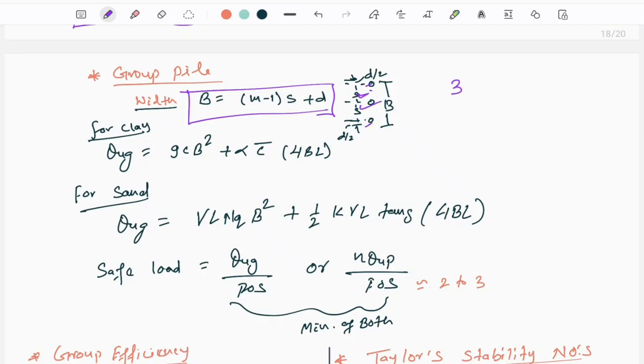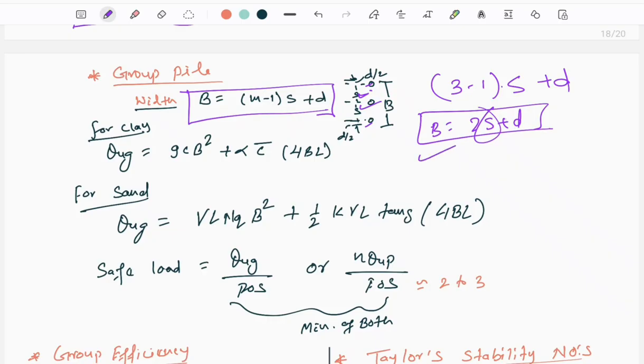Here the number of piles is 3, so (3 minus 1) into S, S is the spacing, plus D, so D by 2 plus D by 2 becomes D. So this is 2S plus D. So B is equal to 2S plus D. Whatever be the value of S and D, you will get the width of this group pile.